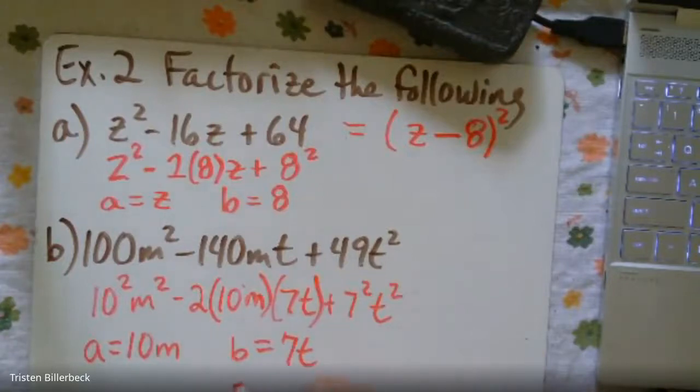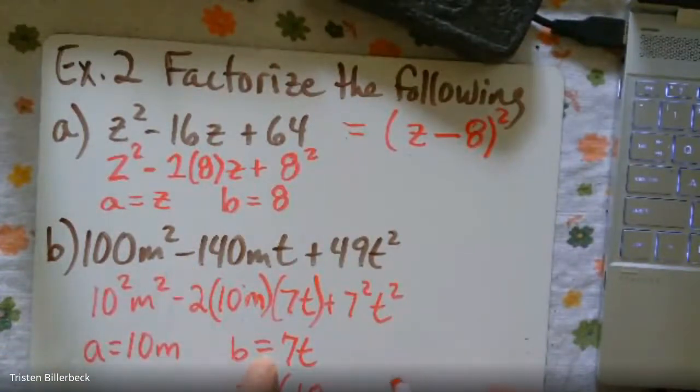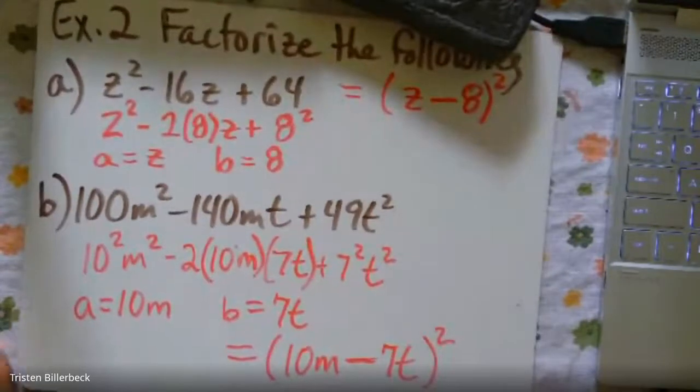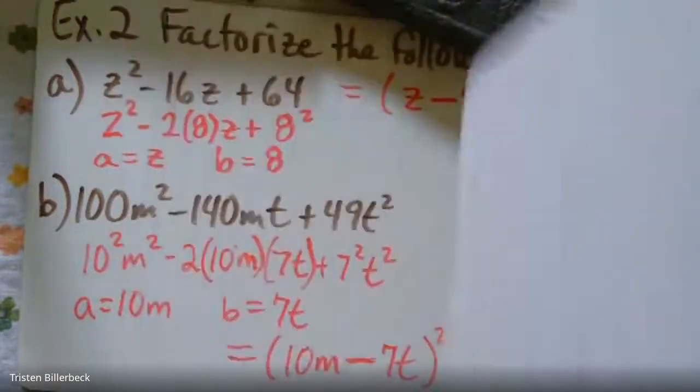This one's going to end up being a is 10m. That's a minus sign, so we're going to put a minus sign right here. And then b is 7t. And now we're going to square. So it's like a puzzle. You just have to figure out how to break this puzzle up, but it's going to fit this formula right here.